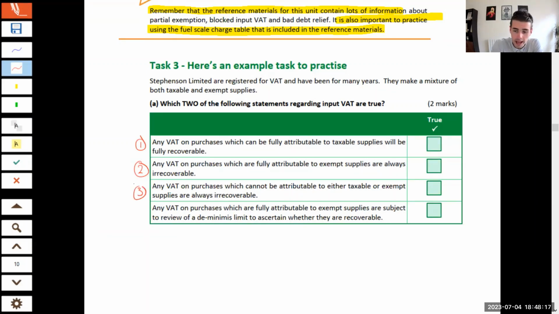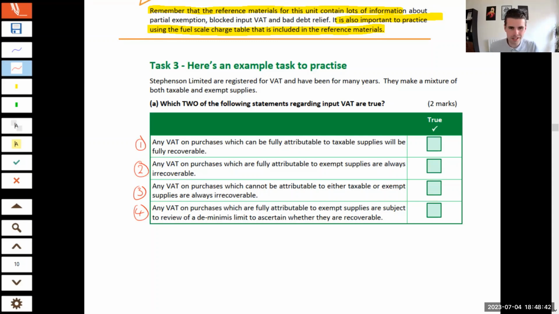Number 3, any VAT on purchases which cannot be attributed to either taxable or exempt supplies are always irrecoverable. Number 4, any VAT on purchases which are fully attributable to exempt supplies are subject to a review of the de minimis limit to ascertain whether or not they are recoverable.